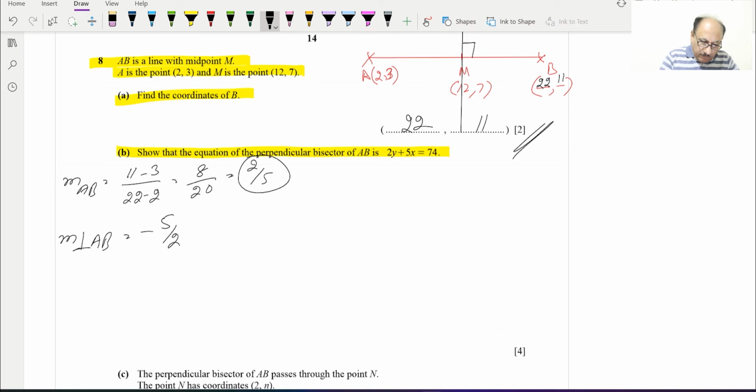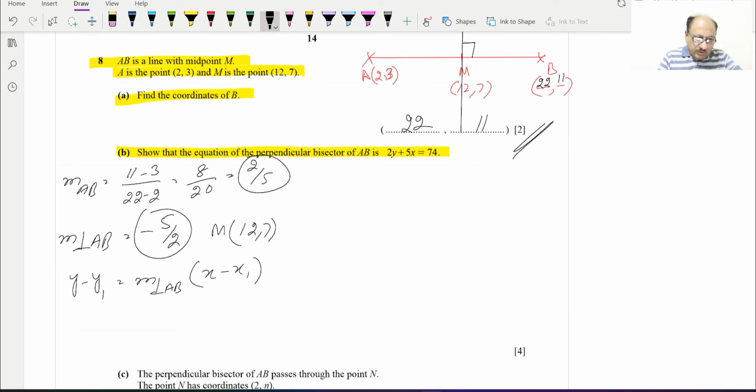Now we can take the midpoint M, (12, 7). We have to write the equation with this gradient and the point. So y minus y1 is equal to m of the perpendicular into x minus x1. This is the equation of a line in point-slope form.